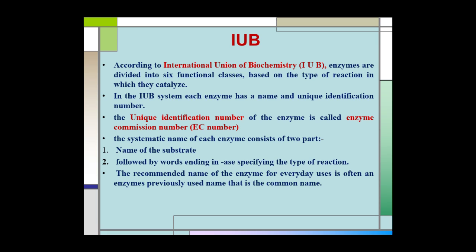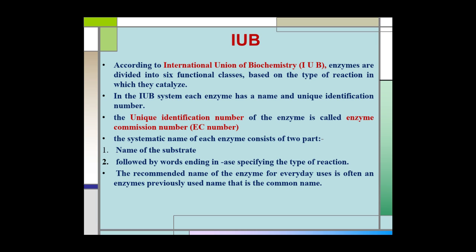The systematic name of each enzyme consists of two parts. The first part of the name represents the name of the substrate, and the second part represents the "ase", which specifies the type of the reaction.